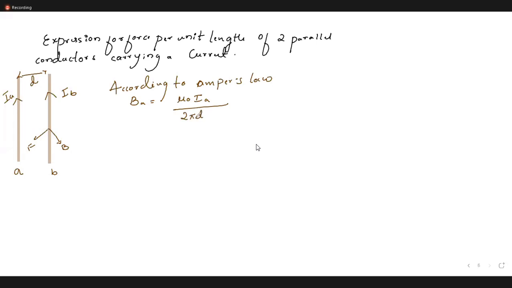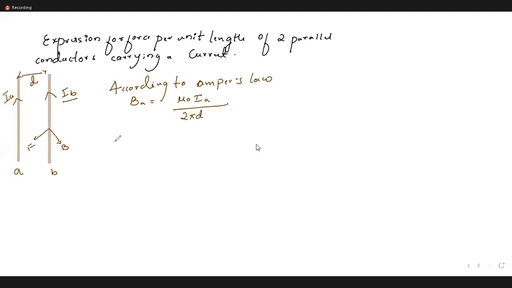This is the magnetic field due to the first conductor. If the conductor is carrying a current IB, it will experience a sideways force due to the magnetic field BA. The direction of this force is always towards the conductor A.